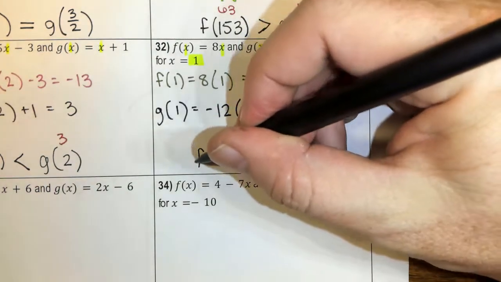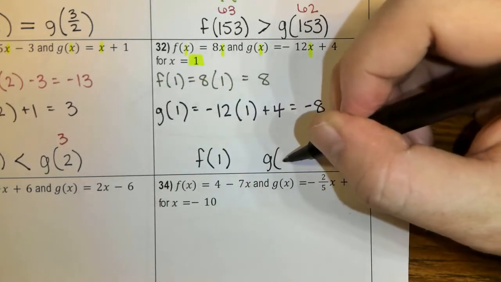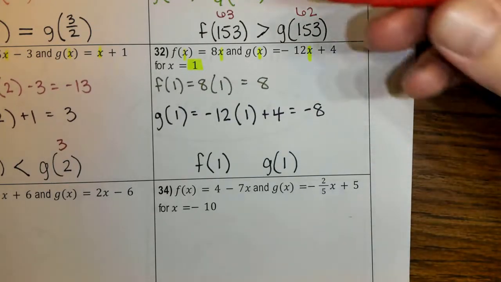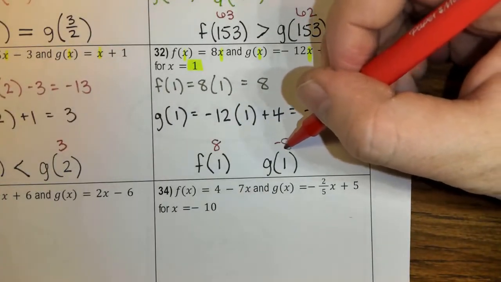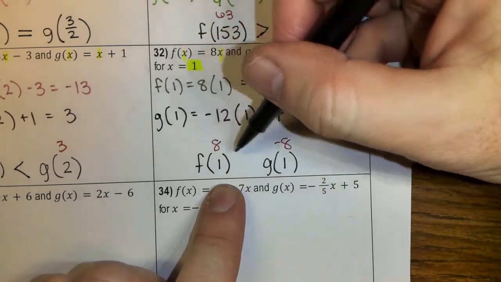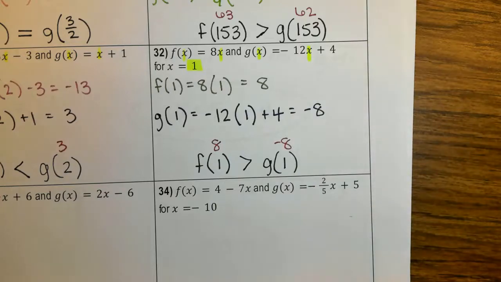So I have f of 1 space g of 1. And if I write my answers above, f of 1 was 8, g of 1 was negative 8. So if I look at these, f of 1, or 8, is greater than g of 1, which is negative 8. And I'm done.